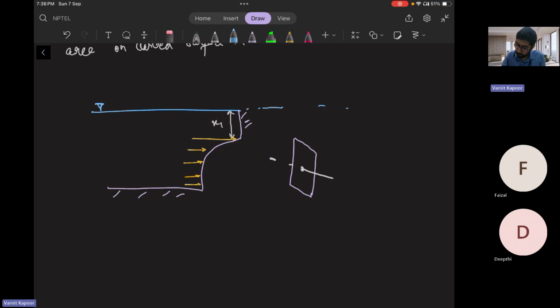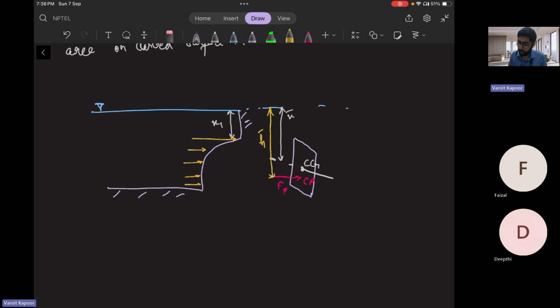If I say from the free surface, this is your x bar, whereas the center of pressure will be acting here, F_P, this was CG, and this will be h bar.